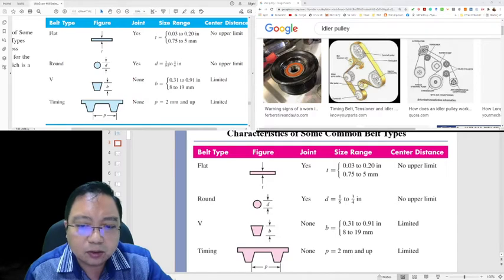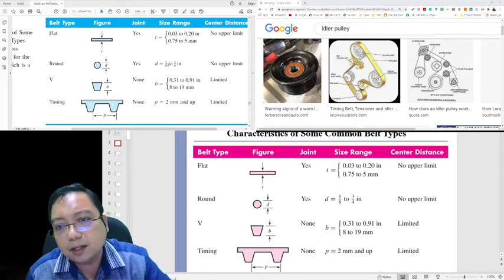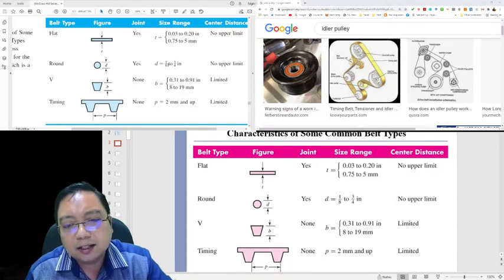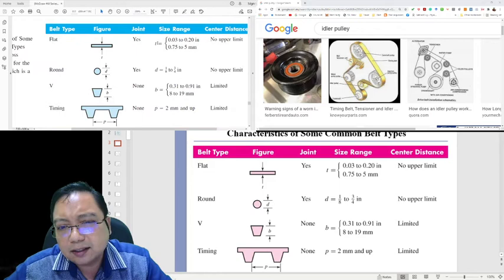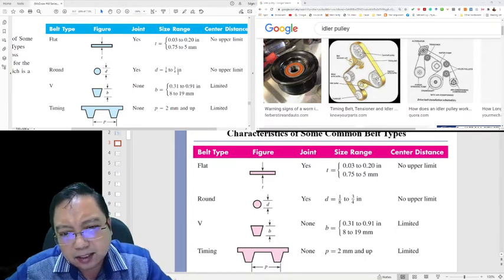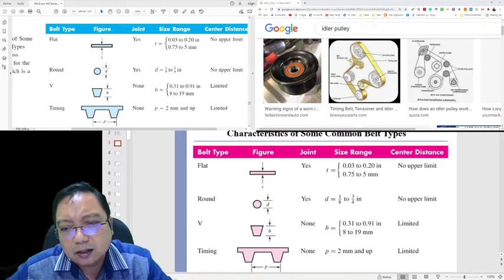In Malaysia we use the metric unit, so we are more familiar with millimeter, meter and everything. So this is the range: E equals 0.75 to 5 millimeter, and center distance has no upper limit. And this round D, where is D? This is the diameter D, 1.8 inches to 4 inches, no upper limit.